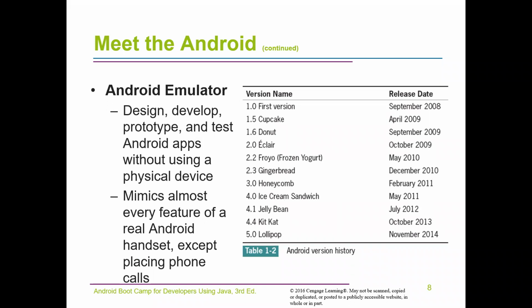With the Android emulator, you can also design, develop, prototype, and test Android apps without using a physical device. As I mentioned a while ago, okay? Even if you don't have a mobile phone, or even if you don't have an Android cell phone or smartphone, that will be fine as long as I have an emulator, or as long as I have my laptop or desktop.